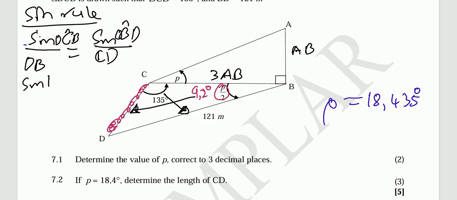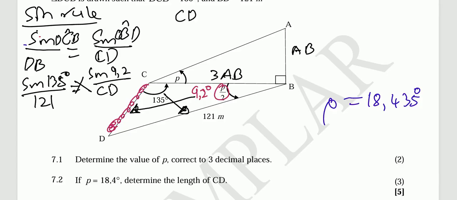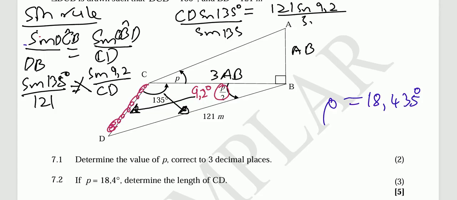So it's sine 135 degrees over our DB, which is 121, equal to sine of 9.2 over our CD. Then we cross multiply, and we get CD sine 135 degrees equal to 121 sine 9.2. Then we divide both sides by sine 135 degrees. Our CD will be 121 multiplied by sine of 9.2 degrees over sine 135.